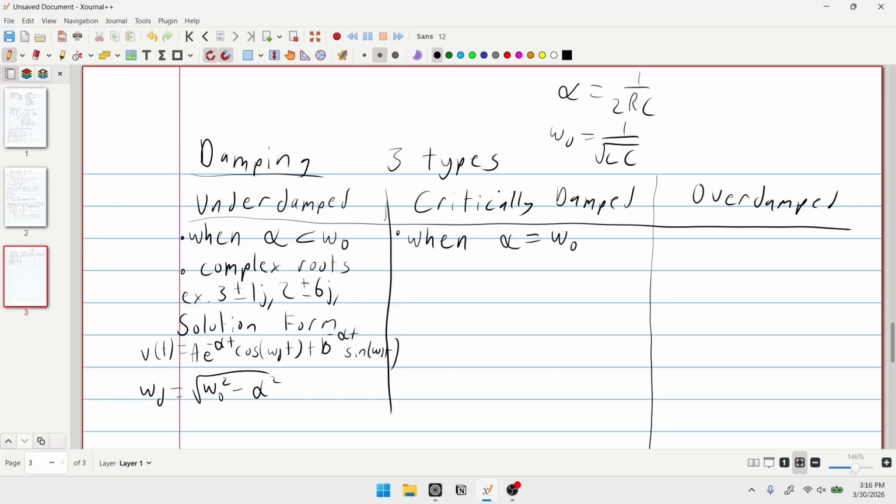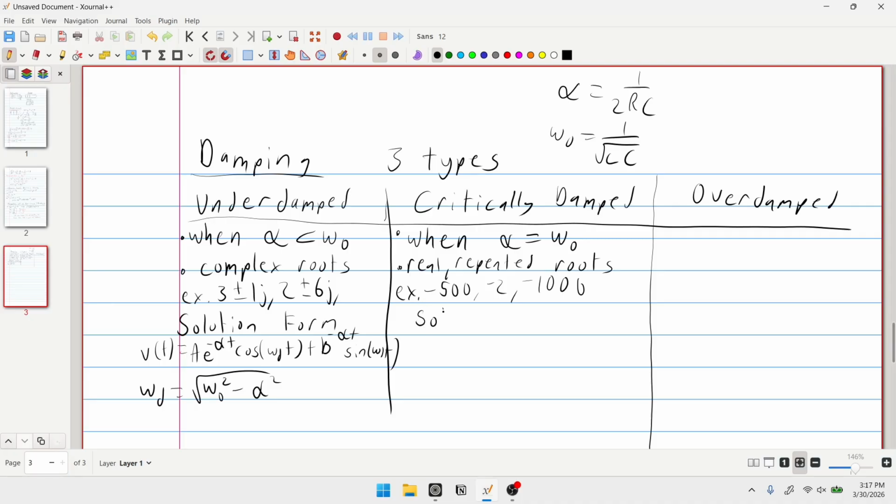So this means that we will have real and repeated roots. Some examples: negative 500, or negative 2, or negative 1000. You'll typically see in your problems that they're much larger than these numbers, but I'm just throwing them out there.